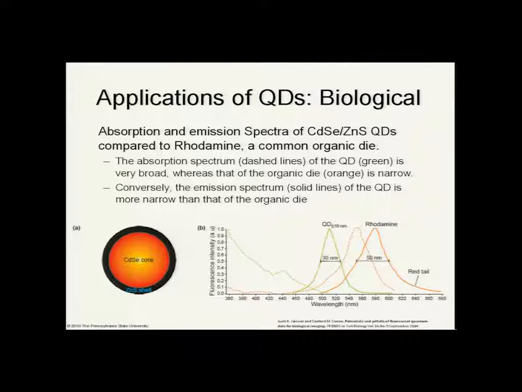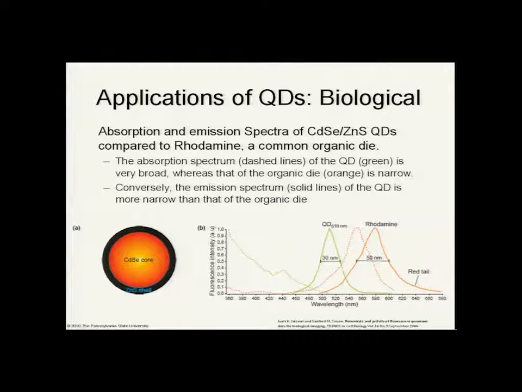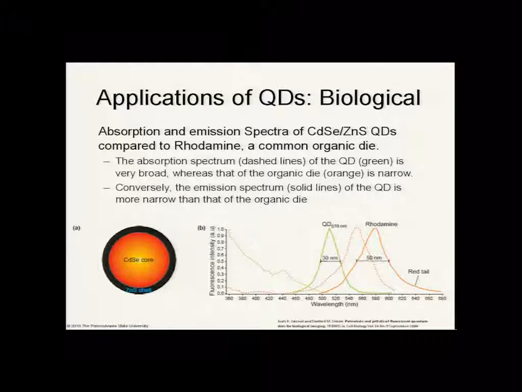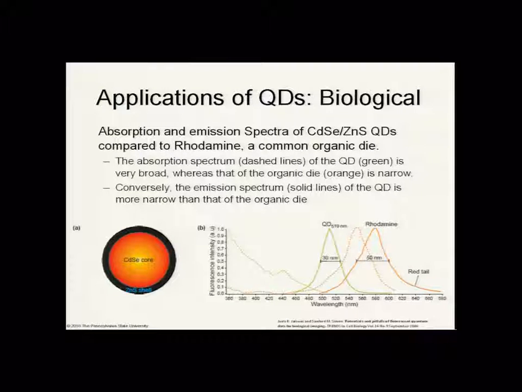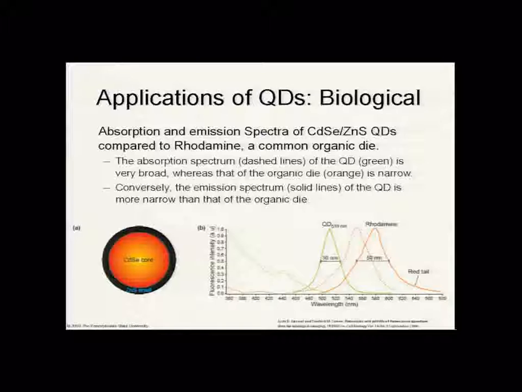Conversely, the emission spectrum, the solid lines, of the quantum dot is more narrow than that of the organic dye. For emission, we want a narrow emission band. Therefore, we can have multiple quantum dots with their different colors all being used to target or label at the same time.